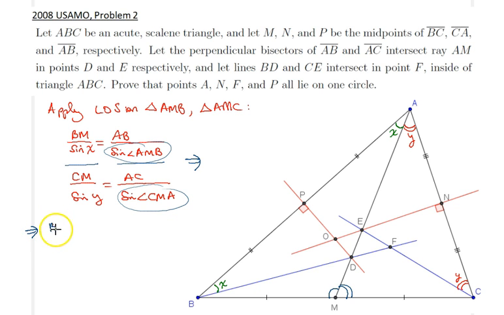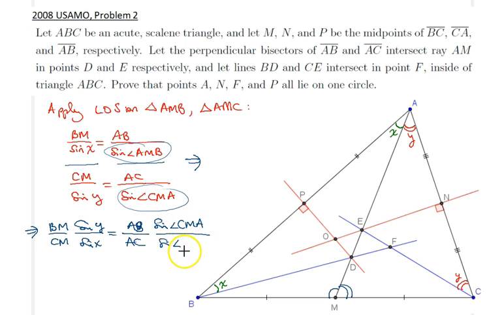So I have BM over CM times sine y over sine x is equal to AB over AC times sine angle CMA over sine angle BMA.